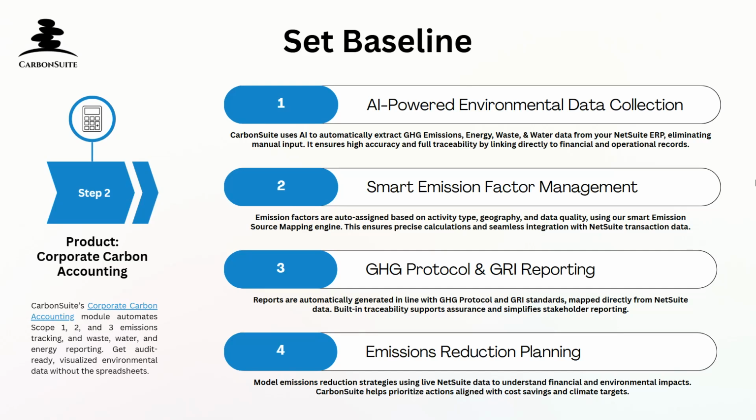And then you can very easily from this data disclose information within the GHG protocol or within the GRI, the Global Reporting Initiative frameworks, and plan some initial work around your emission reduction strategy. So the corporate carbon accounting module is really going to be focusing on environmental impact reporting. And again, it uses, for the most part, data from your NetSuite ERP system as much as it can.